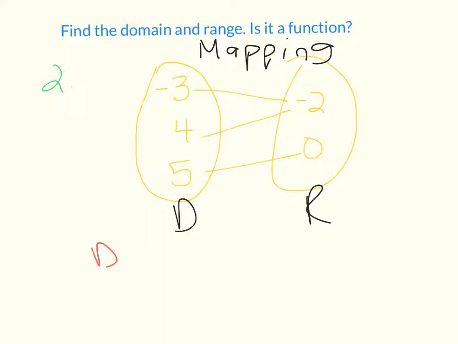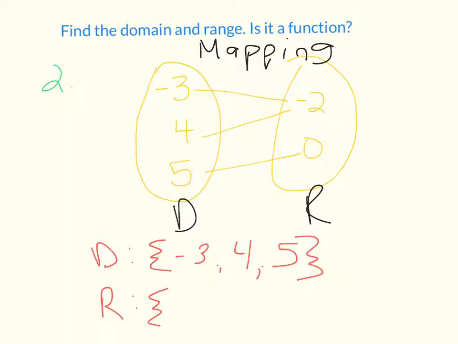So my domain, if I list it out, well, actually it's just listed there. Our domain is -3, 4, and 5. Our range is -2 and 0.